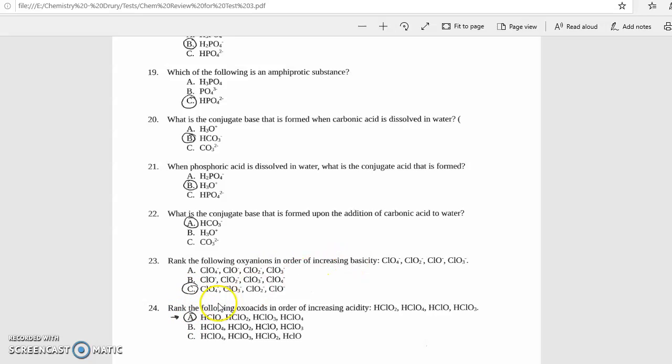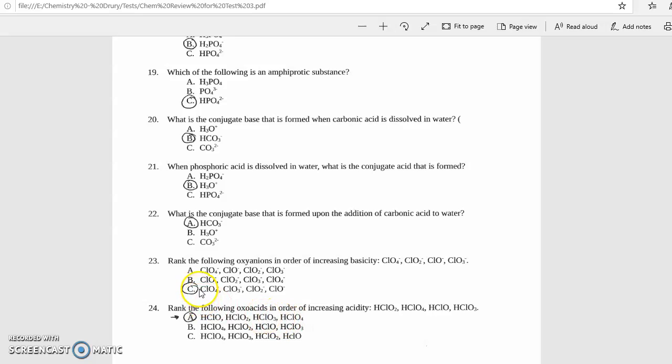So here, if you have it going from increasing basicity, so this is the most basic one right here, what that means is that this is going to be the least acidic. This will be the least basic here. That means this will be the most acidic here, okay, when you have it combined with that H plus ion.